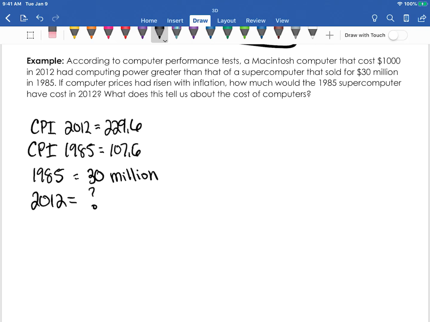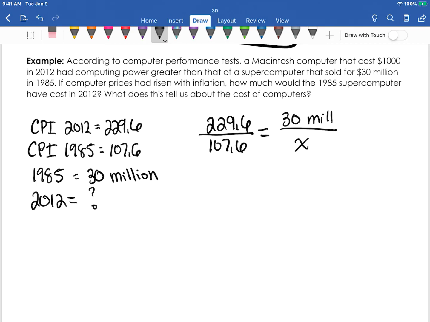Okay, so we're going to set up a ratio. We're going to say the CPI in 2012, that's 229.6, over the CPI in 1985, which is 107.6, is equal to the price of a supercomputer in 1985, which is $30 million, over the cost of a supercomputer in 2012, which is what we're looking for.